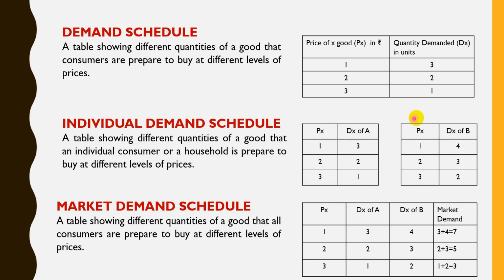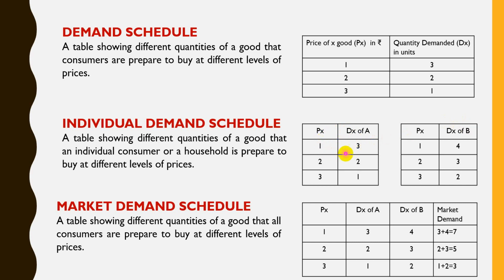One is for A, another one is for B. The price of good X is the same for both consumers, that is 1, 2 and 3. The demand may be different, may be the same. In this case, we have considered different demand for good X for consumer A and consumer B.